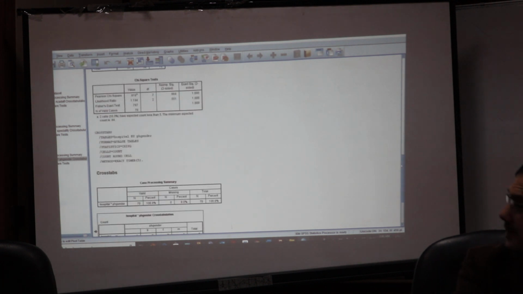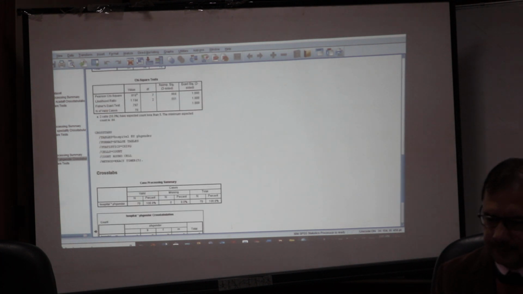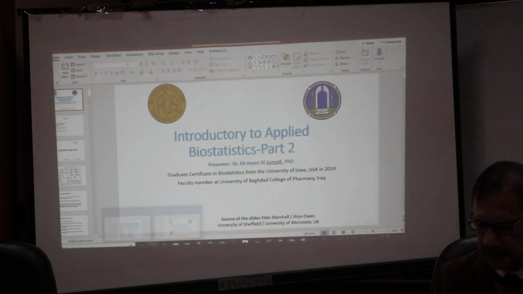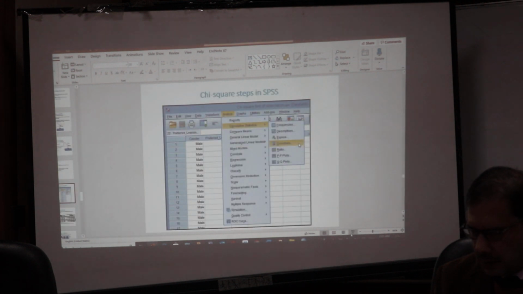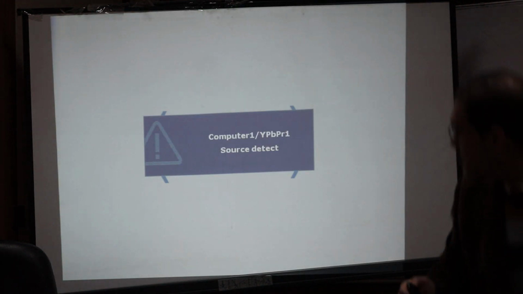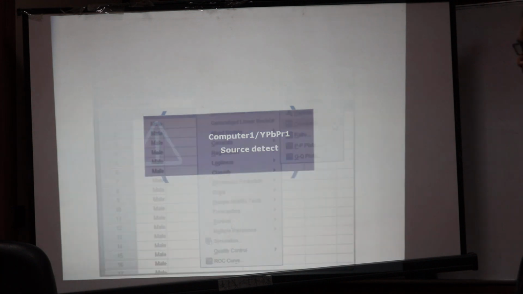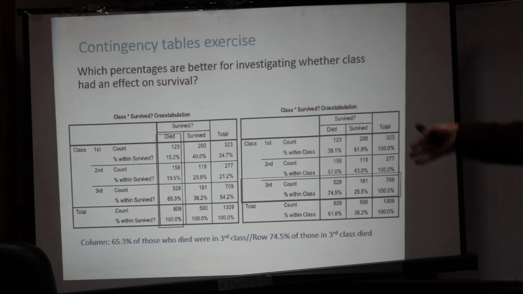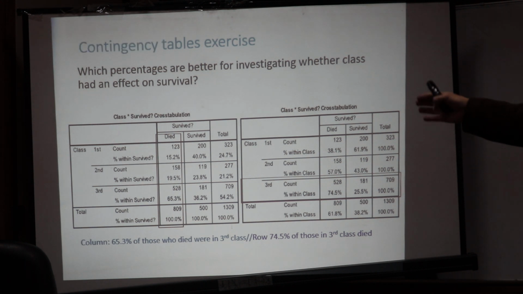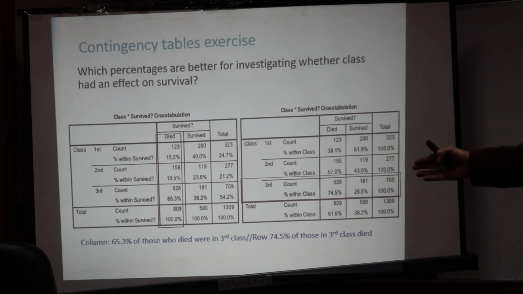So in the Titanic case, we have the Titanic here. Whether we look at the column or the row, it doesn't matter, but we need to find the relationship.